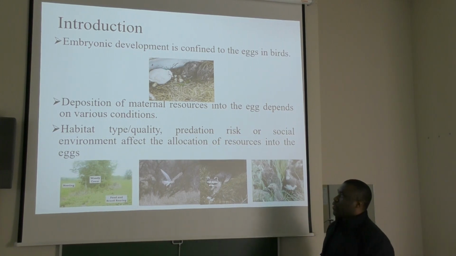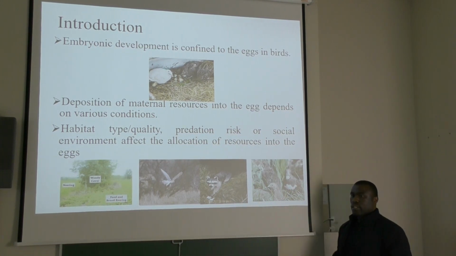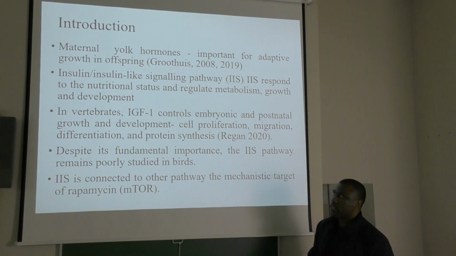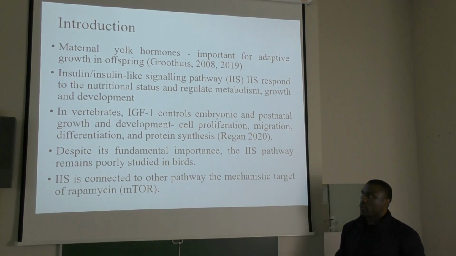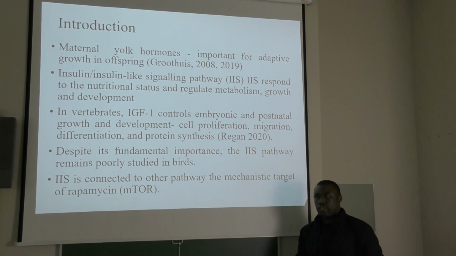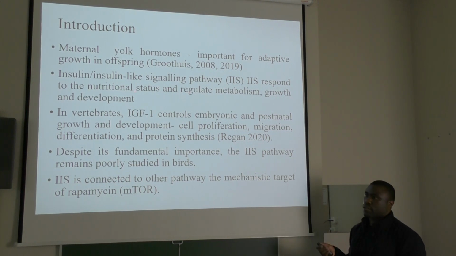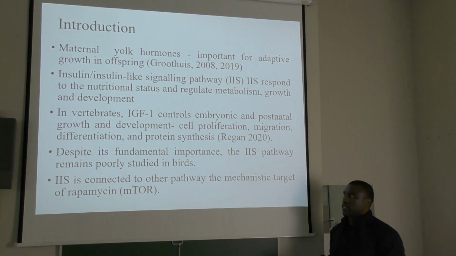So one of the important resources that birds allocate to the eggs is the hormones, which influence the growth and development of the embryos. And one of the systems that is very important is the insulin signaling pathway, which senses the status of the nutrients and regulates metabolism, growth, and development in birds.